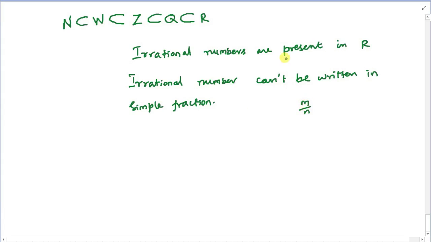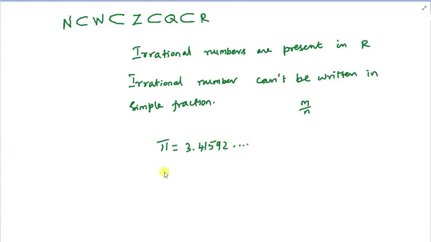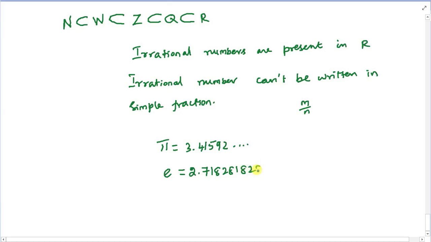Some examples are pi, which is equal to 3.14159, etc. Then e, the base of natural logarithm, 2.718281828, etc. So these are all examples for irrational numbers.